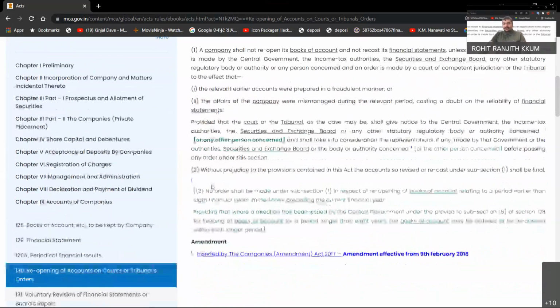Okay. Subsection 2. Without prejudice to the provisions contained in this act, accounts so revised or recast shall be final. Now this is very interesting. Once it is recast, it will be considered as final.